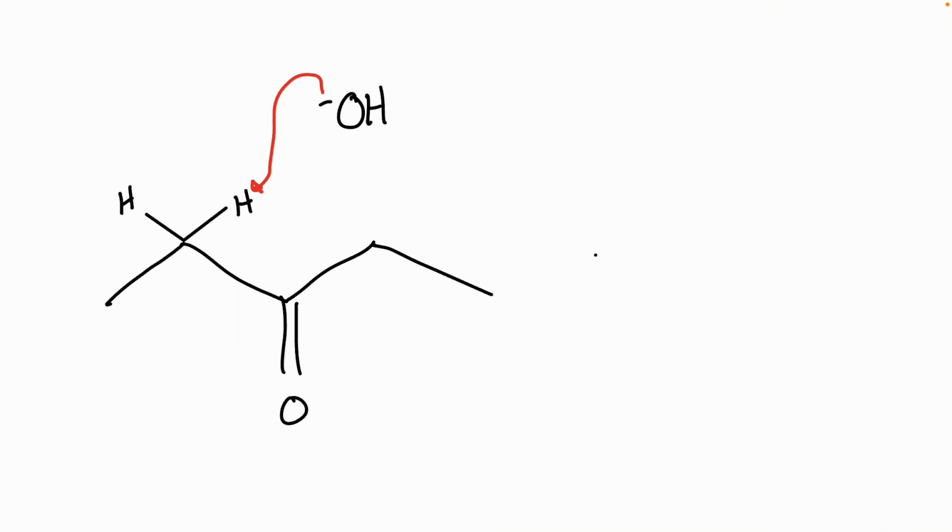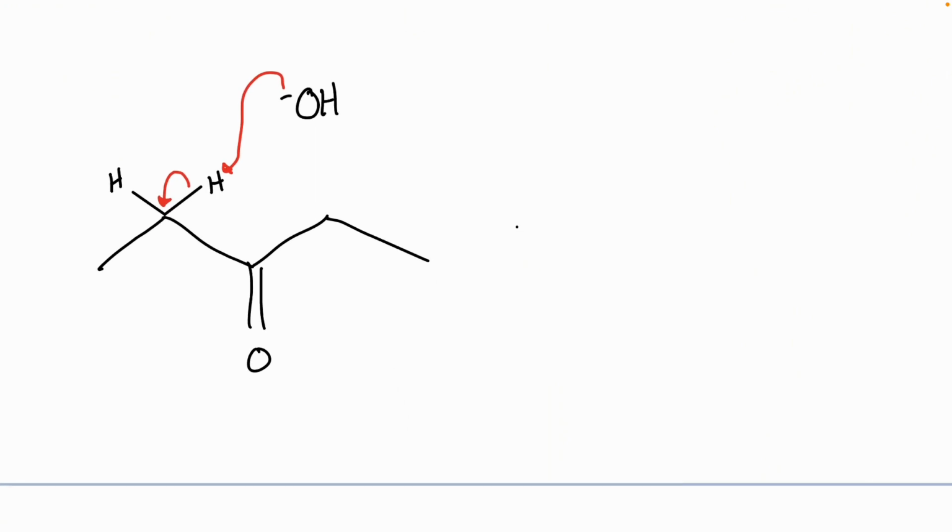Importantly, that pair of electrons that used to be in that carbon-hydrogen bond will still be there. Things that are acidic lose protons, or hydrogen ions, not the electrons as well. So this base comes along and pulls that off, leaving me with a carbanion.